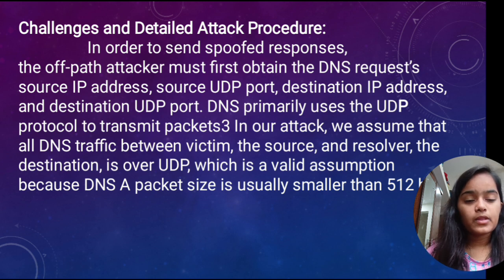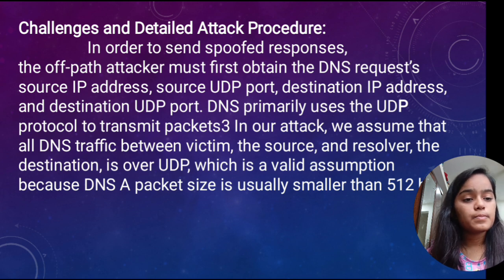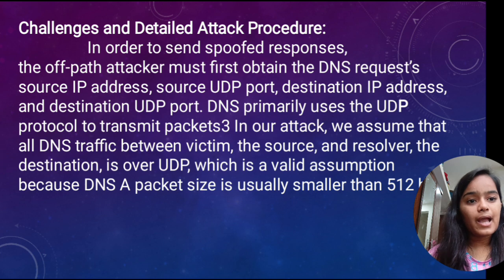So let's see. In order to send spoofed responses, the off-path attacker must first obtain the DNS request source IP address, source UDP port, destination IP address, and destination UDP port. DNS primarily uses the UDP protocol to transmit packets.